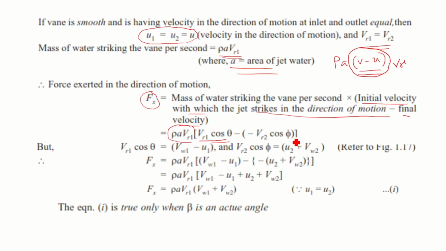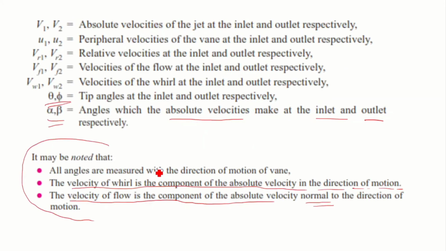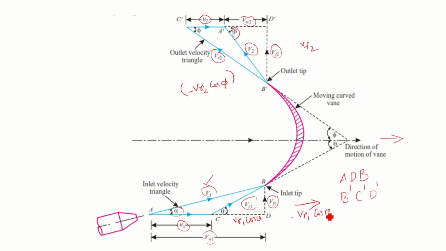So minus VR2 cos phi. We know that VR1 cos theta is CD. CD represents VR1 cos theta. So how will you take VR1 cos theta? VR1 cos theta is equal to VW1.